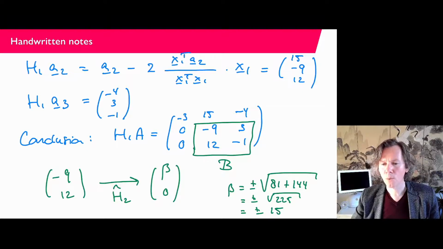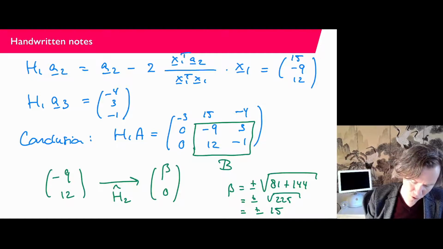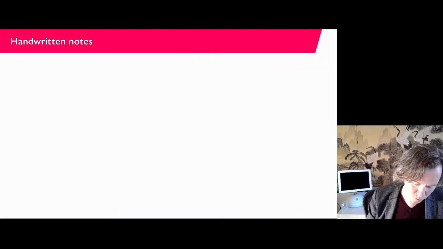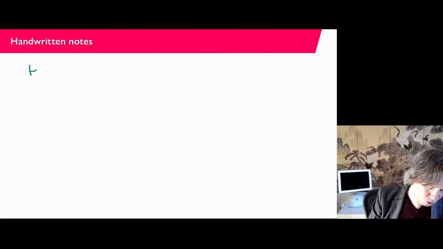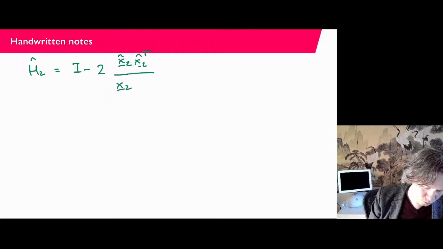So now we know how to choose the second Householder transformation. What I would like to choose now is H2 hat is the identity minus 2 x2 hat x2 hat transpose over x2 hat transpose x2 hat.